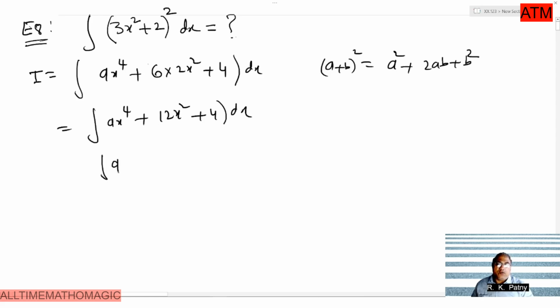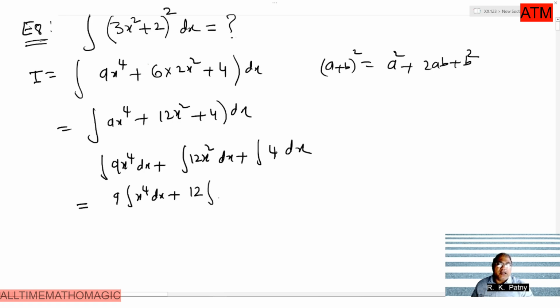So integration of 9x4 with respect to x plus integration of 12x square with respect to x plus integration of 4 with respect to x. Here is a constant, take it outside. So 9 into integration of x raised to 4 with respect to x. Here is a constant, take it out of the operation. So 12 into x square with respect to x. Here also constant 4, integration of 1 with respect to x.